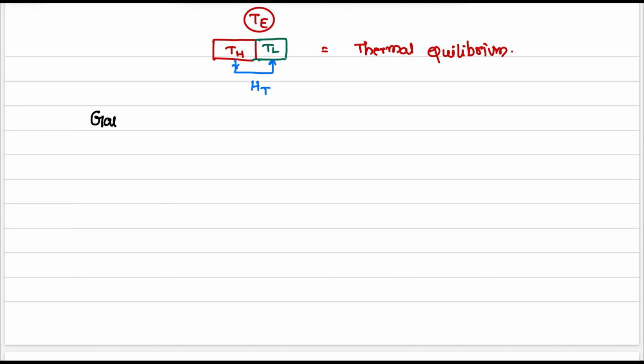A system can be developed in such a way that hot gas and cold gas are brought together. Gas is the working fluid, let us say, as an example.